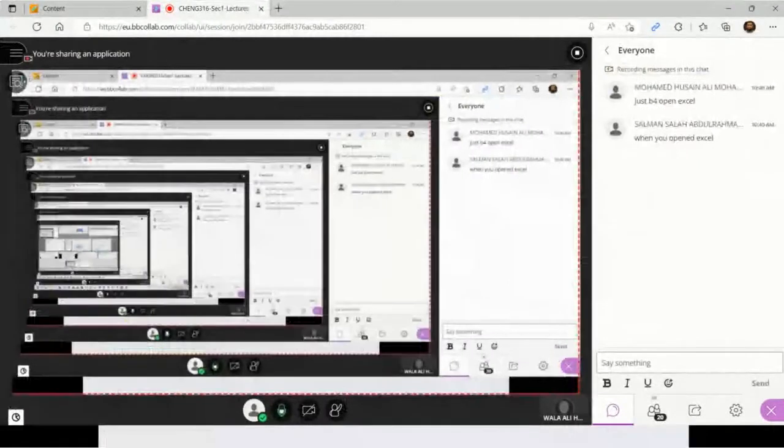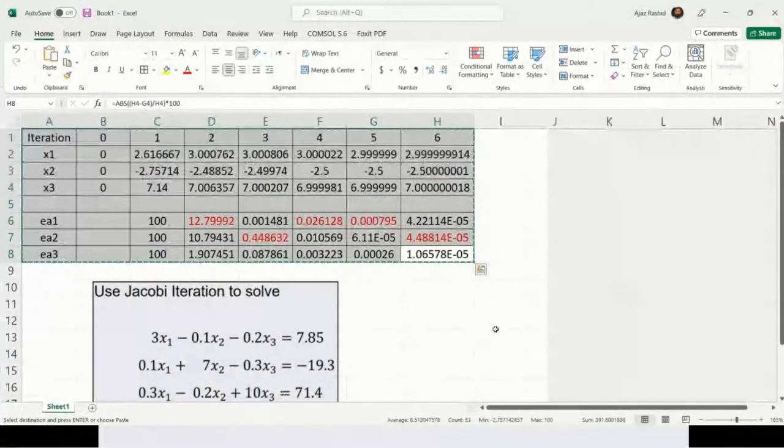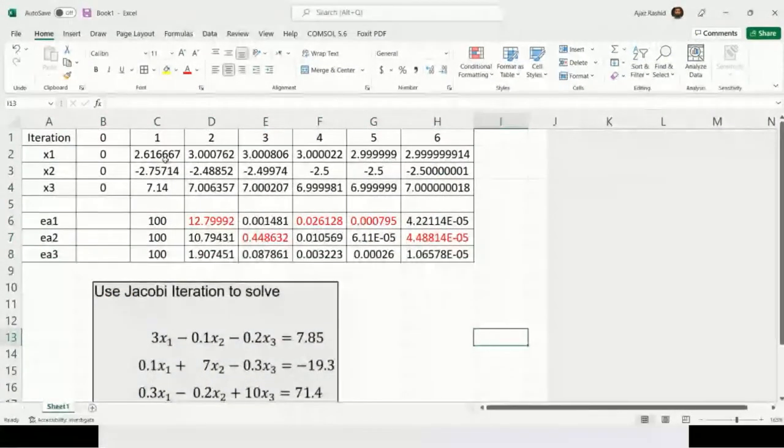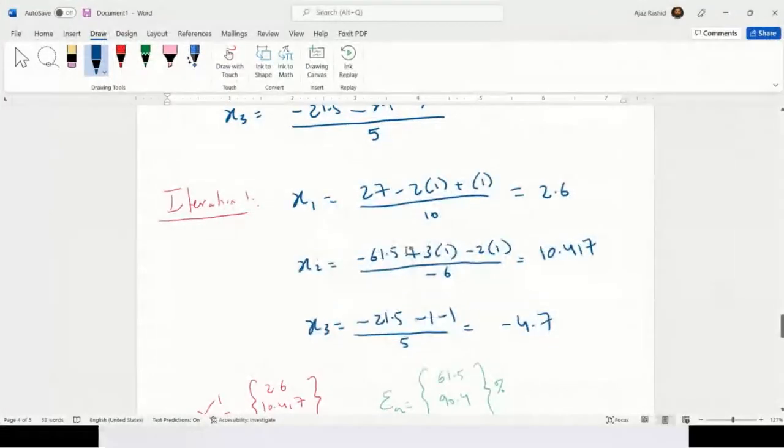Okay, so what I did in Excel is just the calculations that we were doing. I wrote the equations that we had, and I have found the values, and then I just took these values to the Word file.